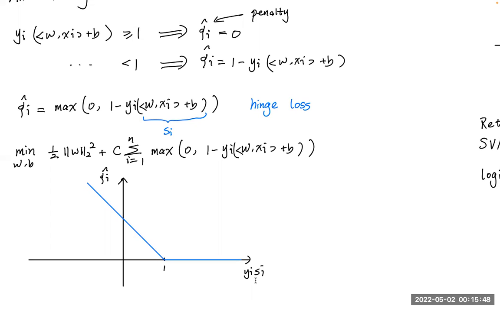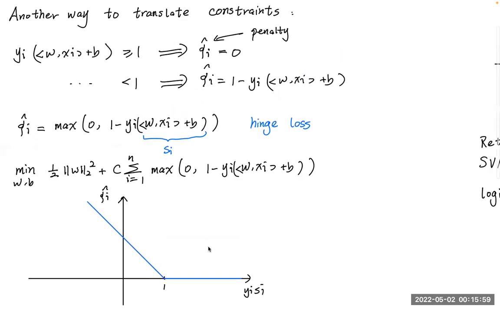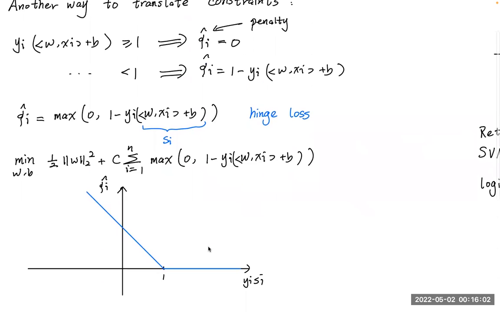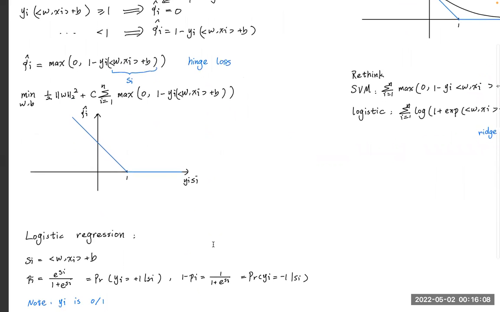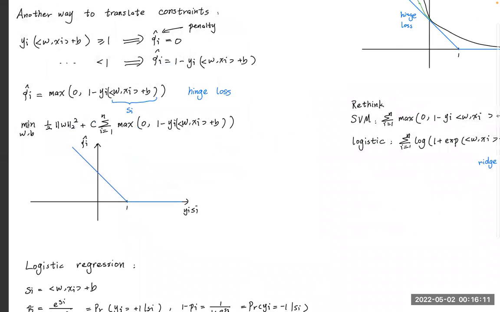So this is the hinge loss, because this is like a hinge function, right? A two-piece function. And then you see that our minimization problem becomes this: we want to minimize 1/2 of the L2 norm of w plus C times the summation of the optimal psi_i, which is max of 0, 1 minus y_i s_i, where s_i is w x_i plus b.